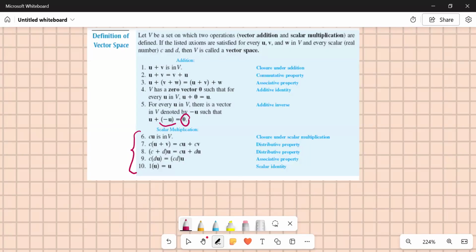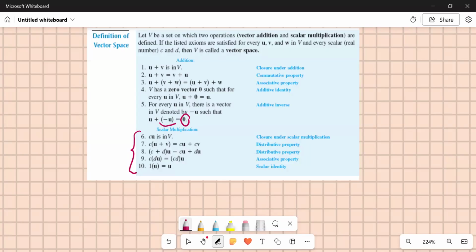If you have two numbers, just real numbers, C and D, like 5 and -7, for example, and you add them and multiply by an object, it's going to give you the same result if you just take each number, multiply by that object, and add them after. So this is two ways to do distributive property, 2 vectors and 2 real numbers. Associative property. Look, we had associative property for vector addition.